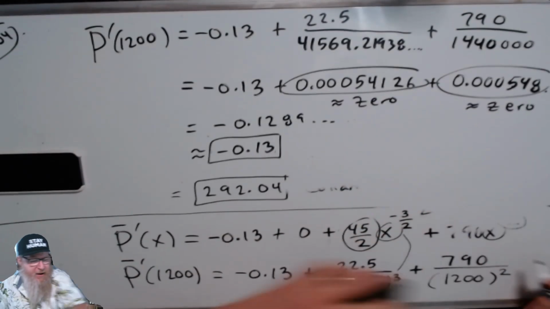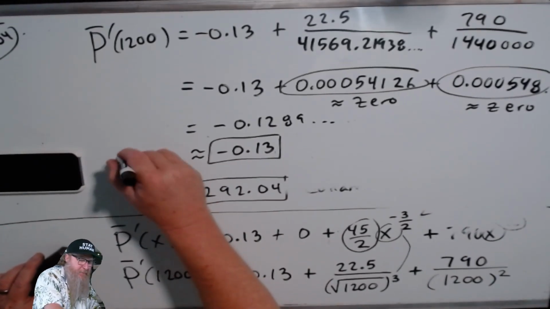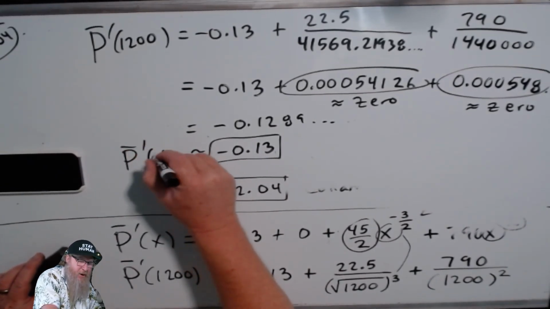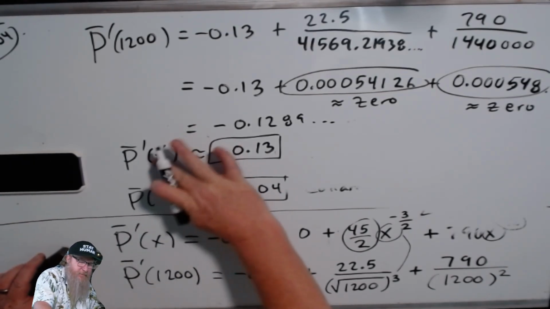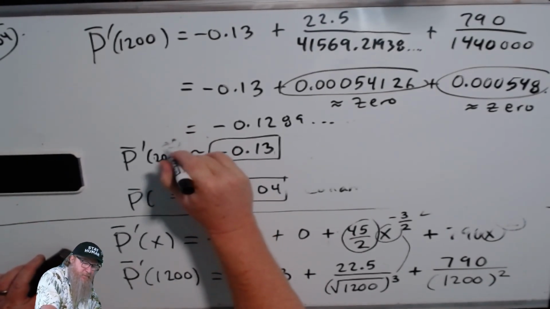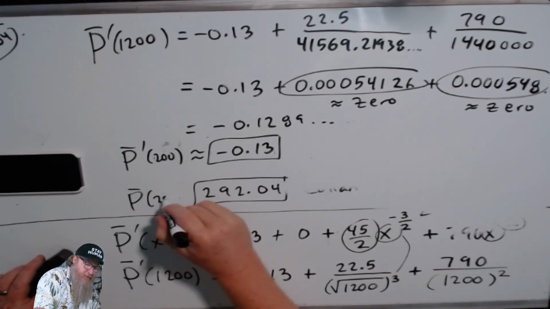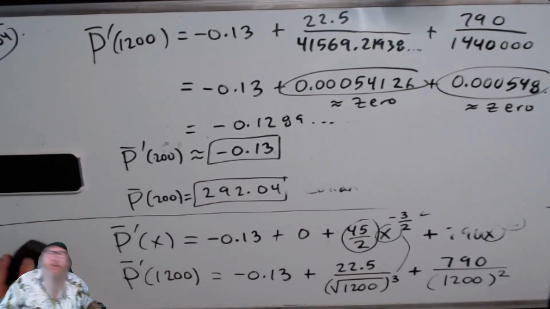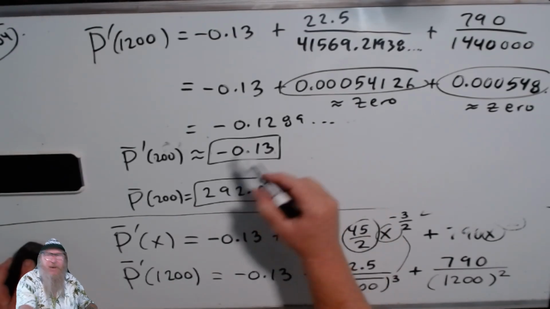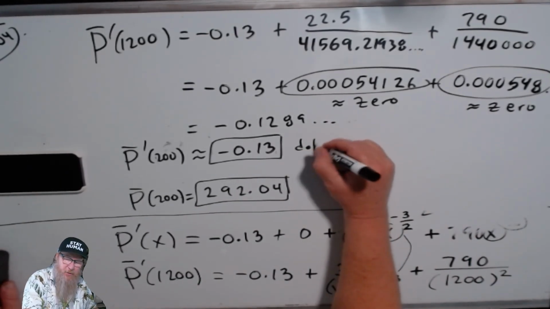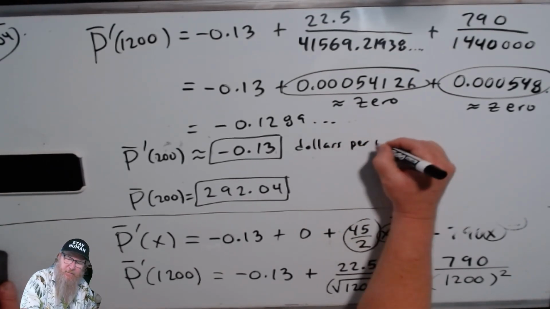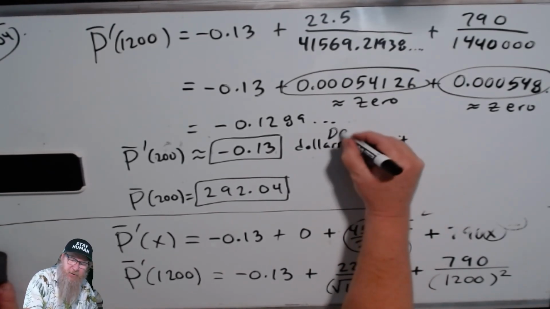Okay, and it's kind of cool. I have both my answers here. So I have my P prime hat, and then I just have my P hat, my profit. So I want to just kind of talk about the two answers since I have them right here. This is dollars per unit, and it is decreasing.